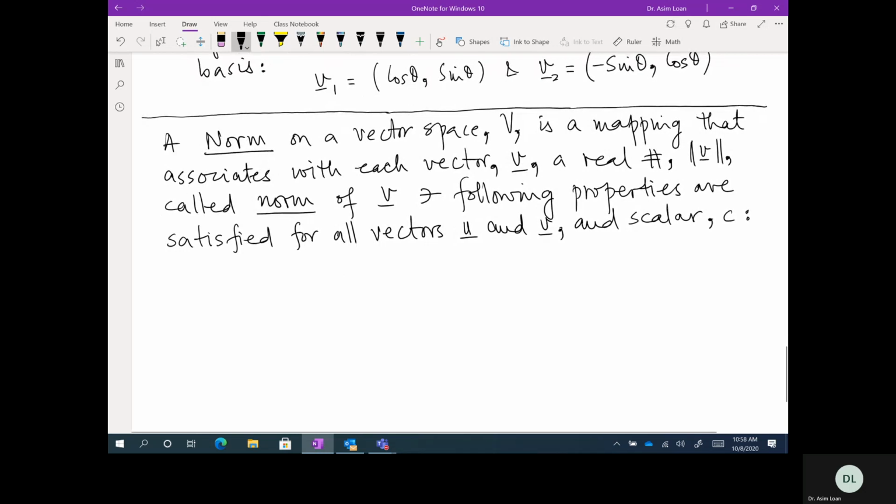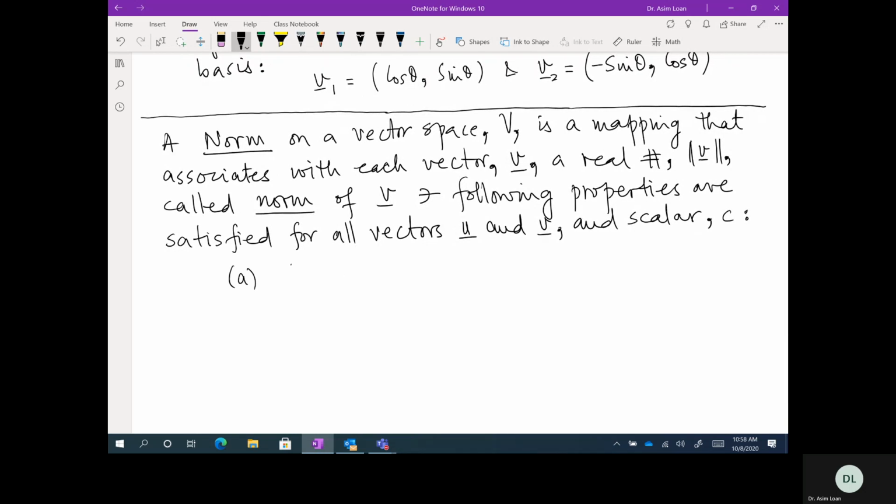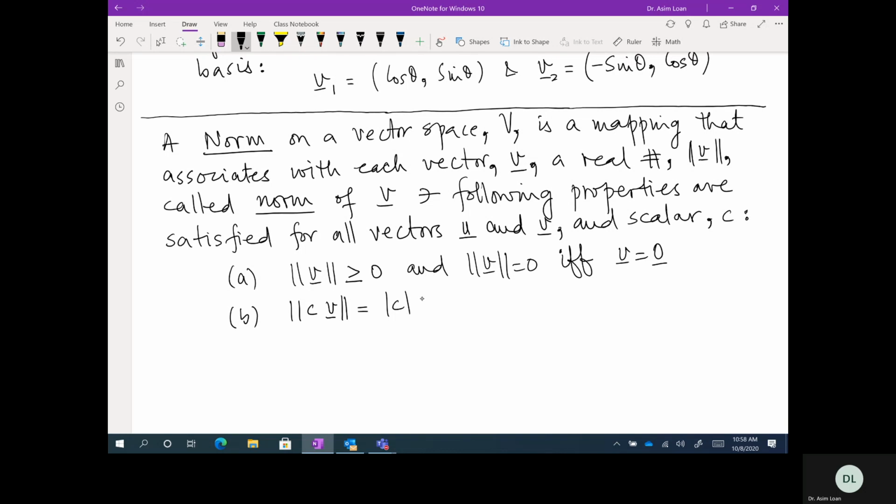There are three. The first one is that the norm of the vector is greater than or equal to 0, and the norm is equal to 0 if and only if the vector is the origin. The norm is always a positive number. Second, if you multiply the vector by a scalar C, then the norm is simply the magnitude of C times the norm of v. This has to be the magnitude of C, because the norm is positive. You cannot just have C over here.